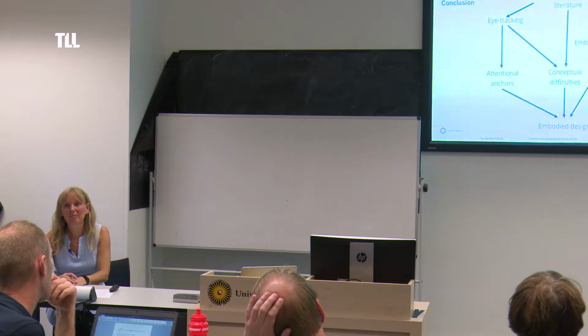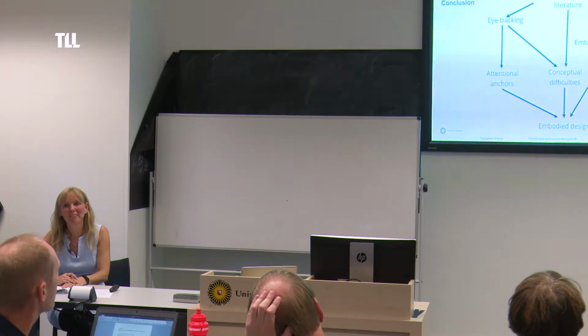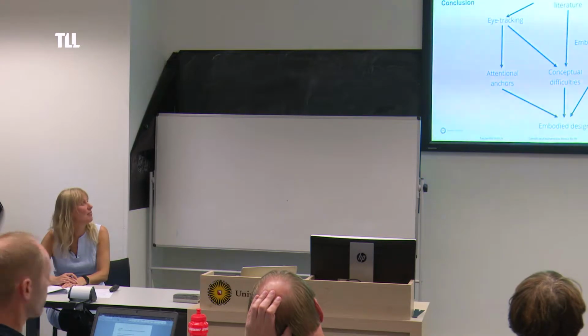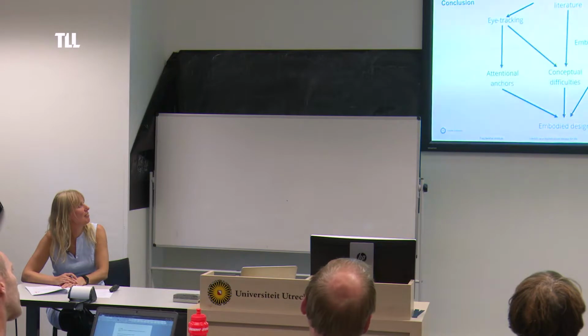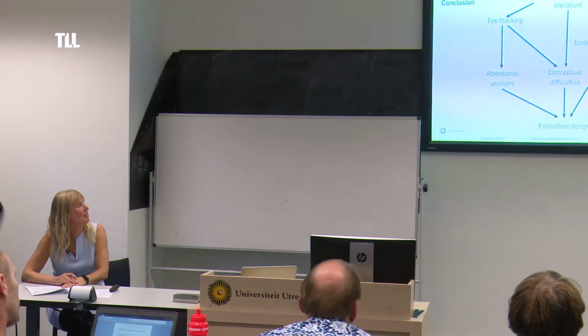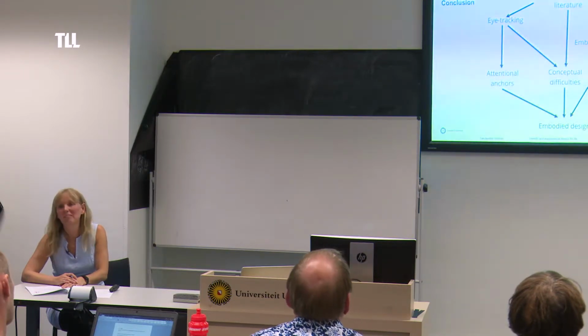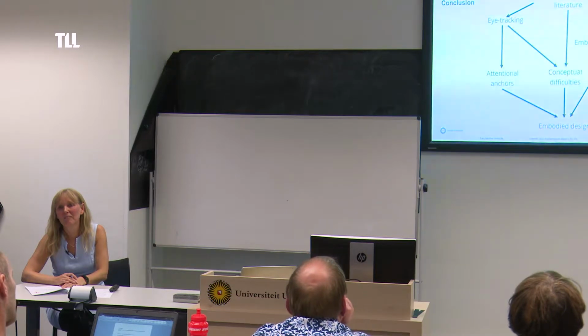And then more or less quite suddenly you had the idea that the solution might come from embodied cognition. So I was wondering about the missing arrow between those two. Could you say something or speculate about the character of the conceptual difficulties and why they could have been solved with embodied design?